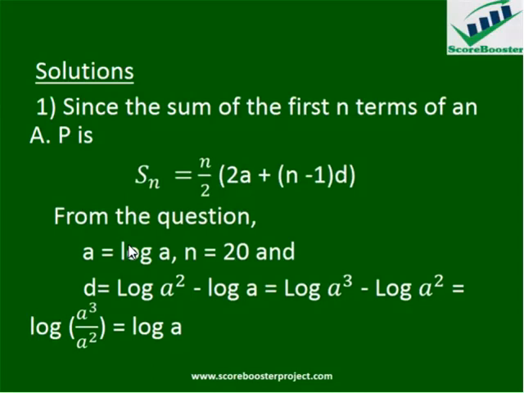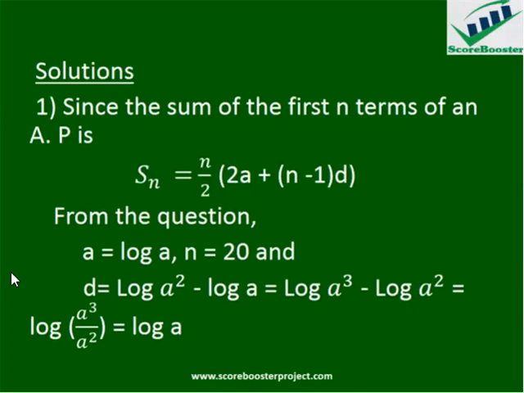So now from the question, the first term is given as log a. We are asked to obtain the sum of the first 20 terms, which means n, the number of terms, will be equal to 20. The arithmetic progression is log a, log a squared, log a cubed.